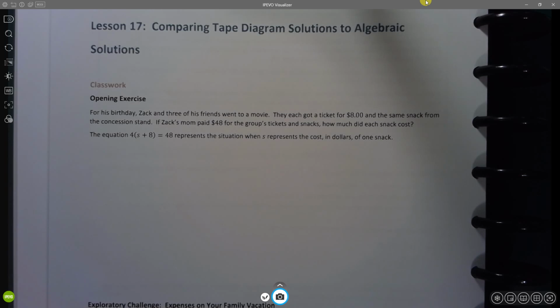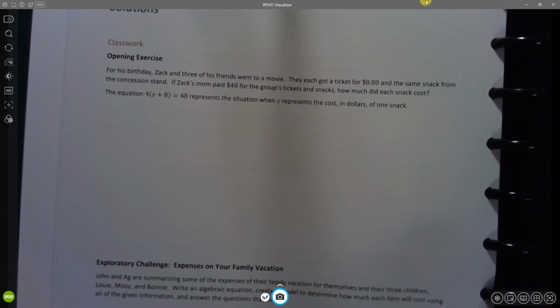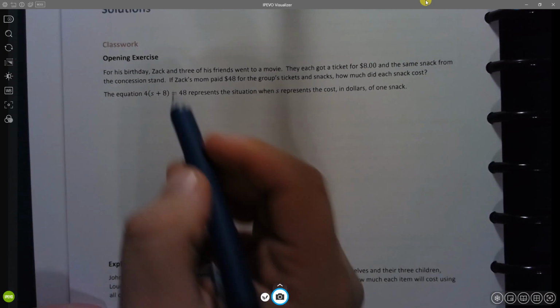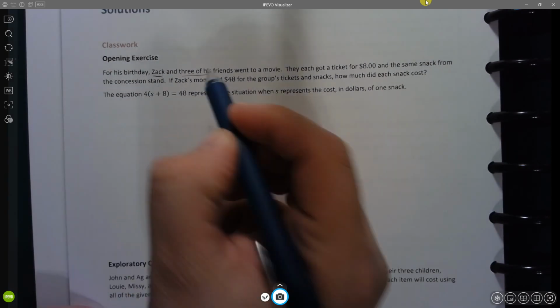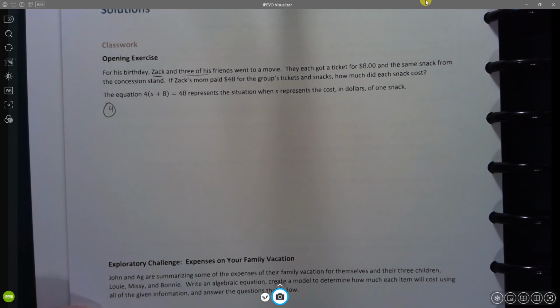Only thing is we don't want to solve this as a two-step equation. So we got some work we got to do. All right. Now, here's the interesting thing. So I can do something that's called a tape diagram. It was Zach and his 3 friends. That means 4 total people went to this thing.